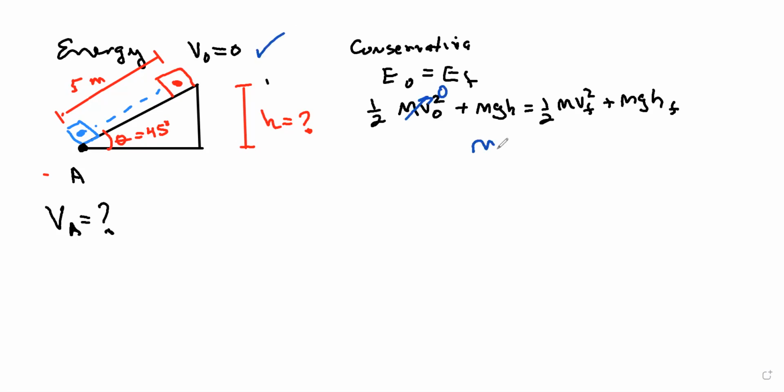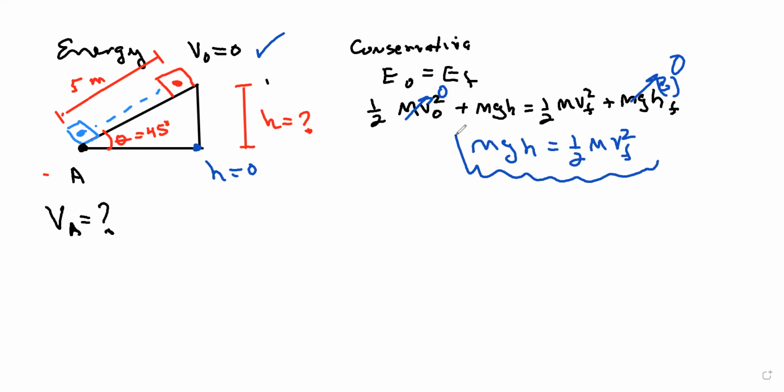So you have mgh is going to be equal to 1/2 of the mass, final velocity squared. But at this point right here, h is going to be 0. So this term is going to cancel out too. So you're left with this relation.